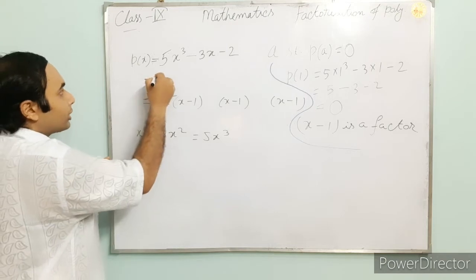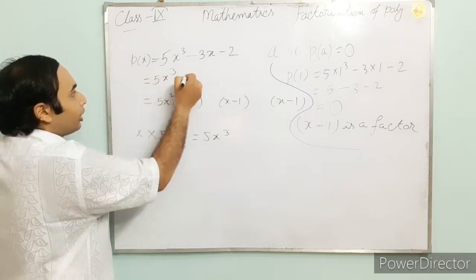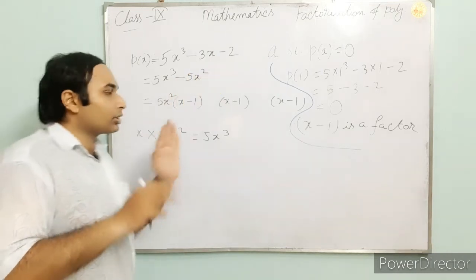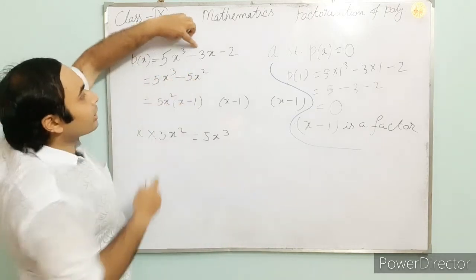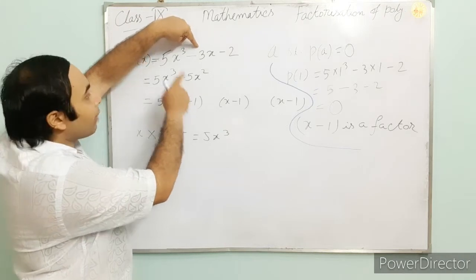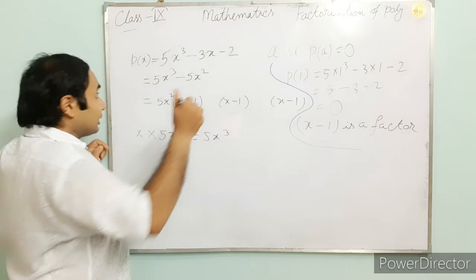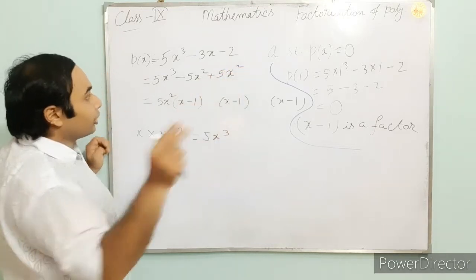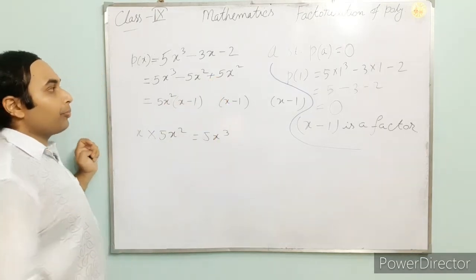5x square into x is coming 5x cube, minus 1 into 5x square is coming minus 5x square. Okay, the first part is completed. Now in the original sum, no 5x square term is there. So we have to cancel this term. For cancelling, we have to write plus 5x square there, so that minus 5x square plus 5x square will be cancelled out.